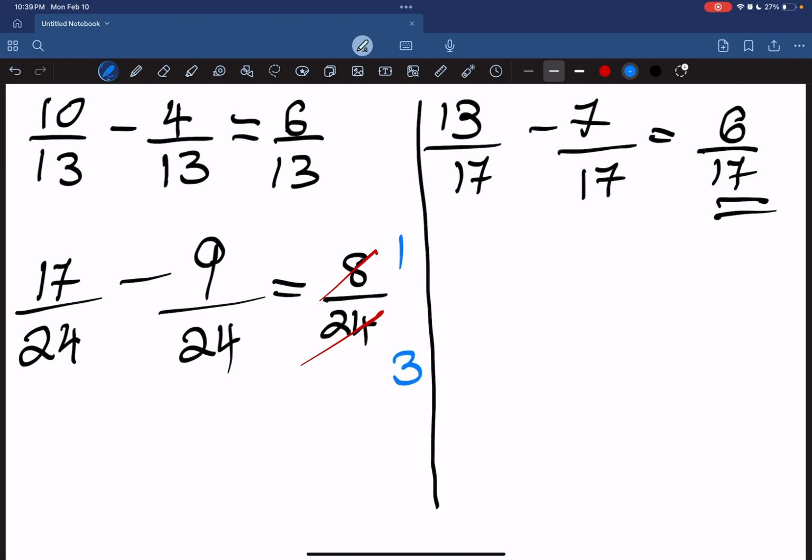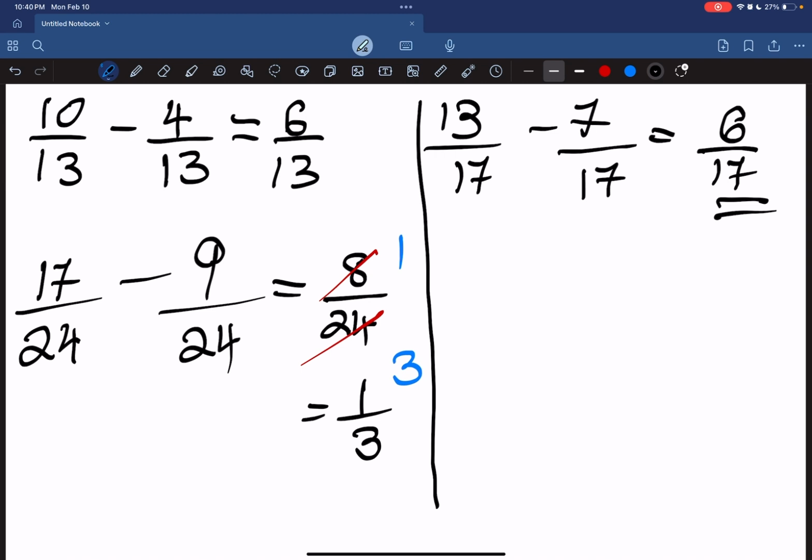So that leaves us now with a reduced fraction of 1 over 3. Again, this reduced fraction still represents our 8 over 24. This 1 over 3 is still representing this, just in a reduced form.